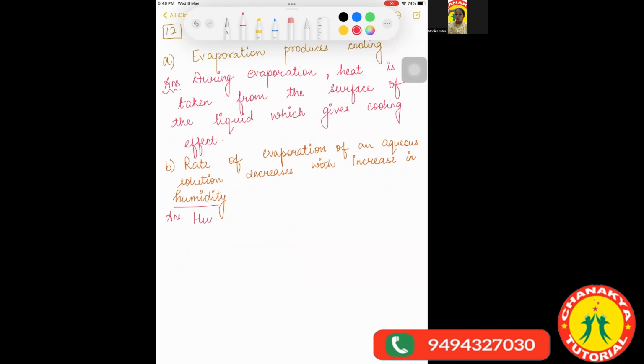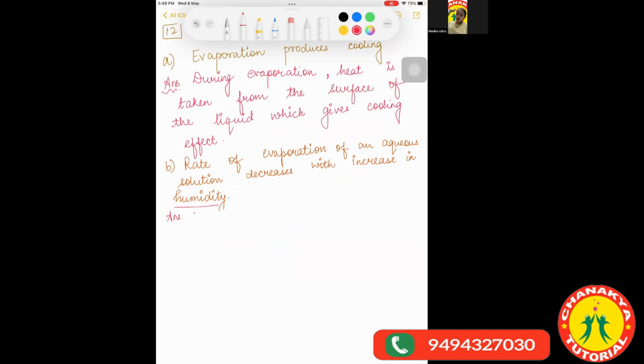Humidity means the moisture present in the air. Because of the moisture, the water particles from the substance don't get evaporated and converted into gas.